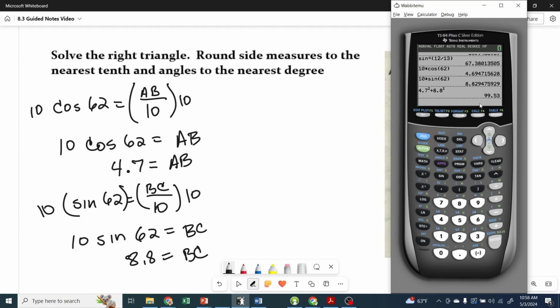But using my graphing calculator, I could actually go up and do this and hit enter and then hit squared and then plus, let's go all the way up to this one and hit enter and square that, and lo and behold, we will end up with 100. Okay, because we rounded off, we were off by almost a half, right, by 0.47.